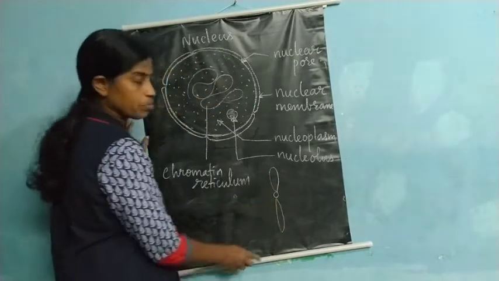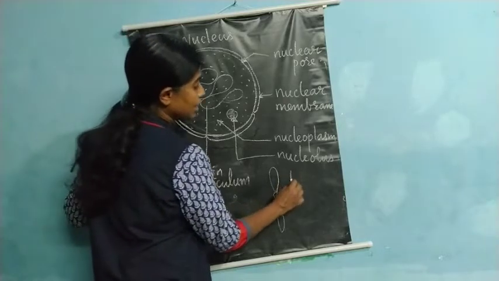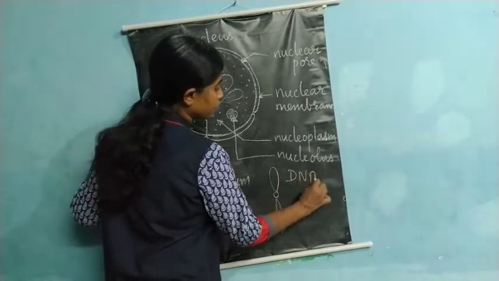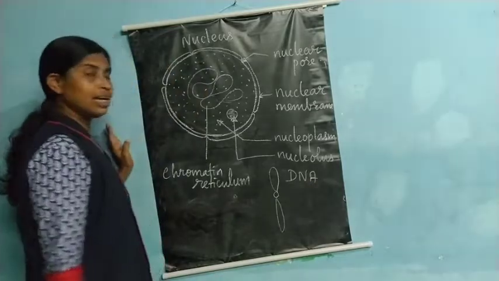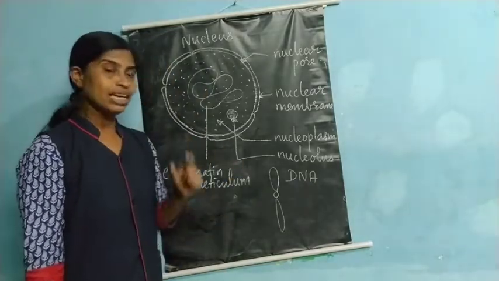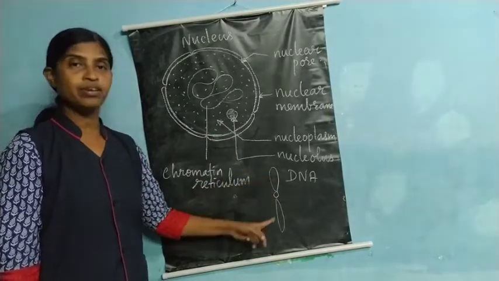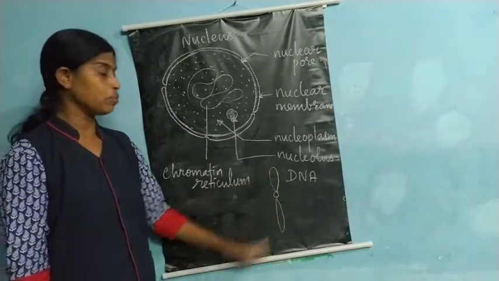If you see a single chromosome, it is made up of DNA. What do you mean by DNA? DNA is deoxyribonucleic acid. The chromosome is fully made up of that.